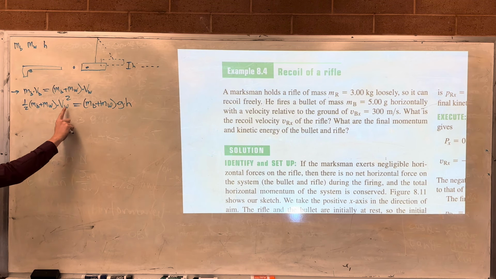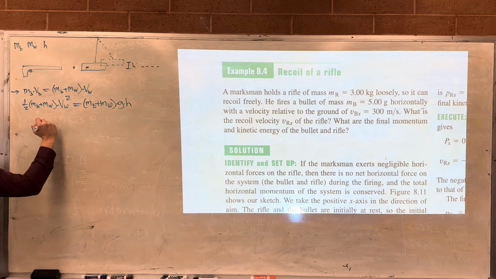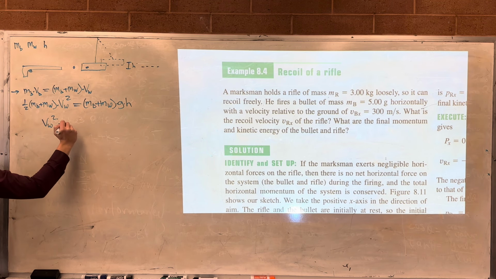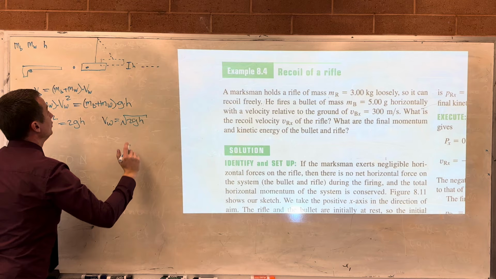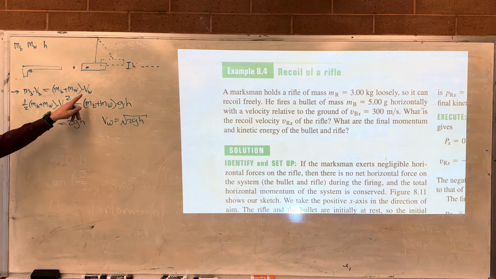So first, notice I can cancel those out both sides and bring the 2 over. So I'm going to get the velocity of the wood squared is equal to 2gh. Square root both sides, and we get velocity of the wood is equal to the square root of 2gh. Okay, so that's the velocity of the wood. Now bring that up here, and I can get the velocity of my bullet.